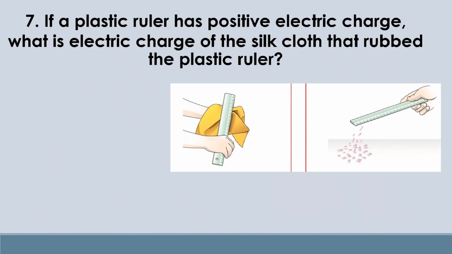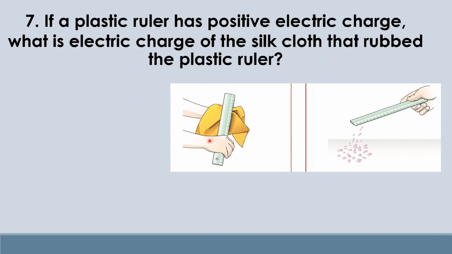For number 7, the question is, if a plastic ruler has a positive electric charge, what is the electric charge of the silk cloth that wrapped the plastic ruler?